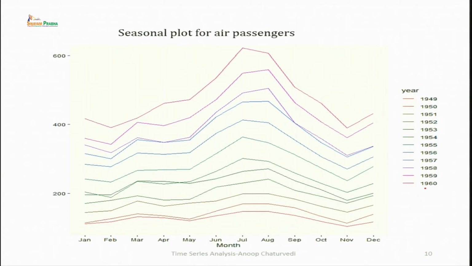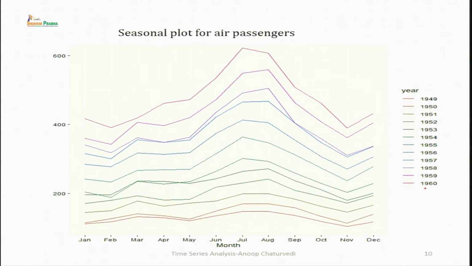You can easily identify the seasonal pattern in the data using this graph. Not only that, you also observe that over the years, the number of passengers is usually increasing.